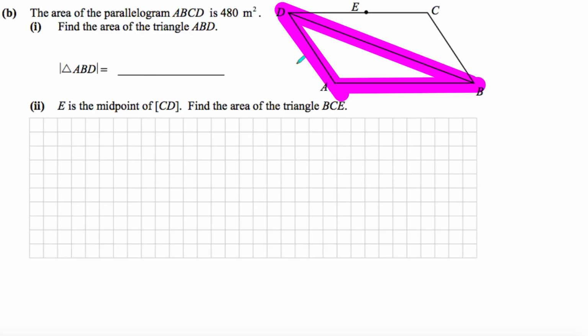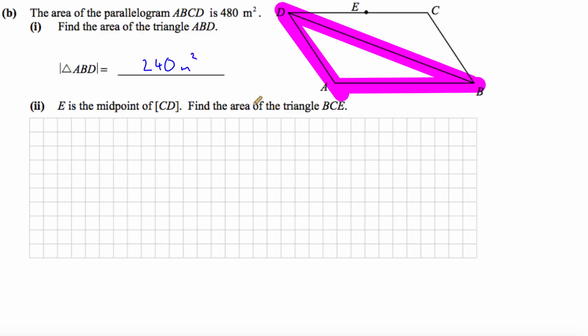Well, the diagonal of a parallelogram splits the parallelogram into two equal parts in terms of area. So if this is 480 meters squared, the triangle ABD will be half of that. So half of 480 is 240 meters squared.